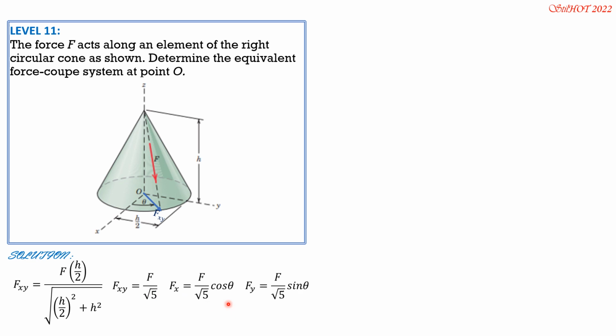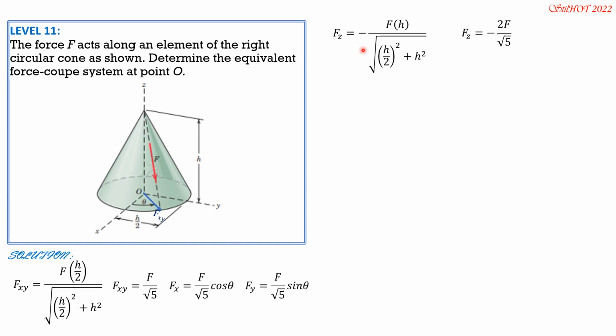While Fz, which is going down, is simply F times h divided by square root of (h over 2) squared plus h squared. So this is the component of distance. So F h, and it is going down, so this is negative F h over square root of (h over 2) squared plus h squared, the hypotenuse. So Fz is negative 2F over square root of 5.